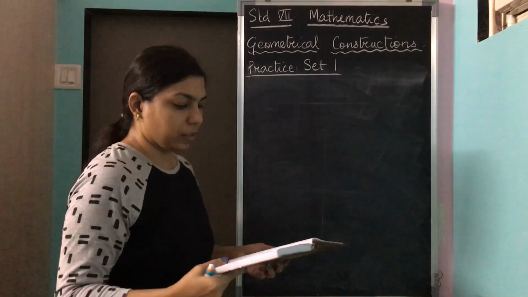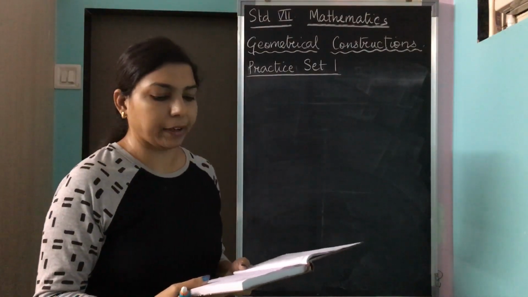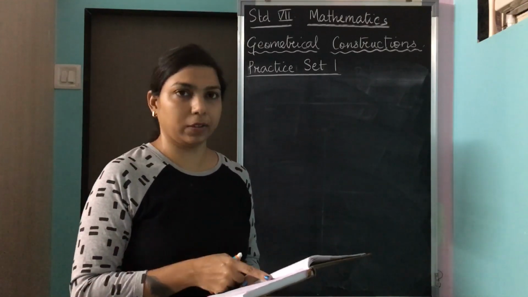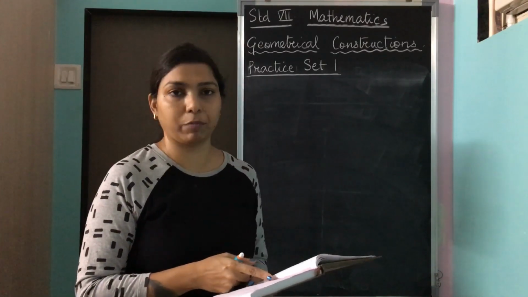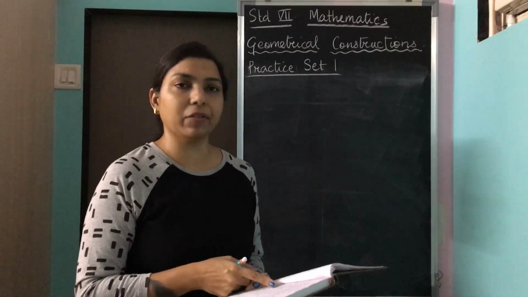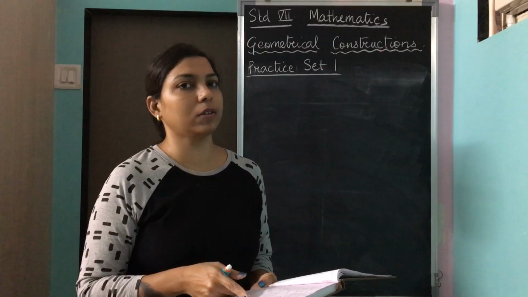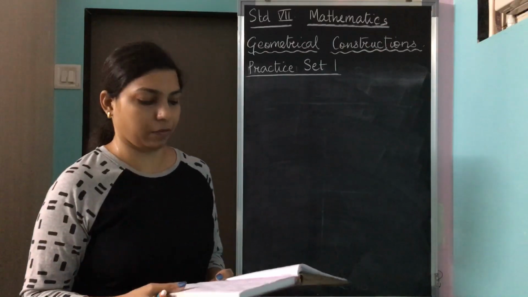Draw a line segment of the lengths given below and draw their perpendicular bisectors. Now I am going to do the first sum, which is of 5.3 centimeter. The remaining ones, 6.7 centimeter and 3.8 centimeter, those are the ones that you will be doing it yourself.